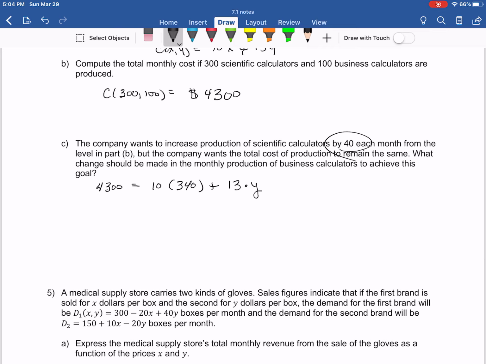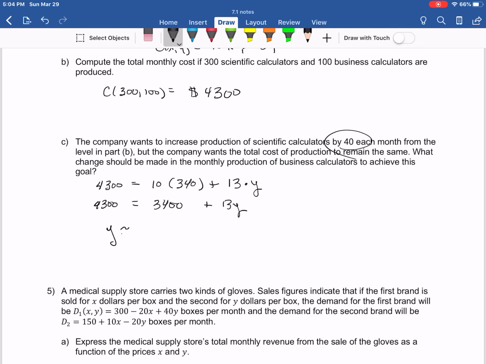So you're going to solve this equation for Y. Give you a couple of steps here. 3,400 plus 13y. So you're going to subtract the 3,400. You're going to divide then by 13, and you're going to end up with y is about, we'll call it 69.23, or how about 69 calculators? 69 business calculators.